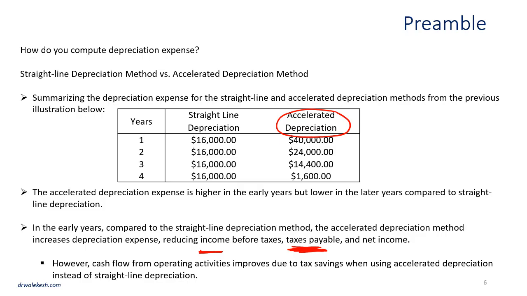So the higher your earnings before taxes, the higher your taxes. The lower your earnings before taxes, the lower your taxes. So if your taxes are on the low side, as we said, when using accelerated depreciation, your cash flow from operating activities will be improved, because what you pay to the tax authority is on the low side.